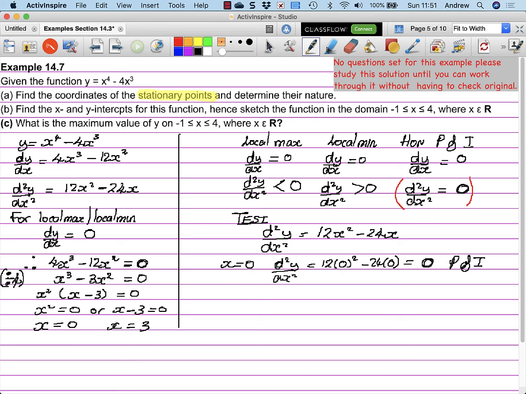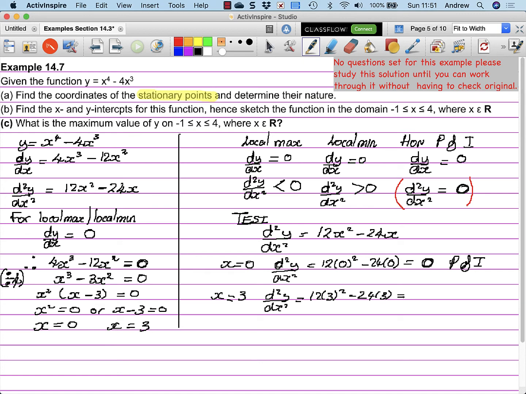So we've now got the other test value, testing using x is equal to 3. So d2y by dx squared is equal to 12 on 3 to be squared minus 24 on 3. Okay, I'm going to need to reach for the calculator on this one.